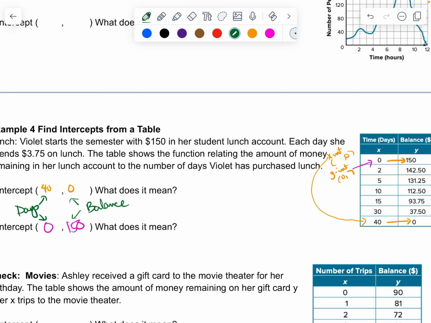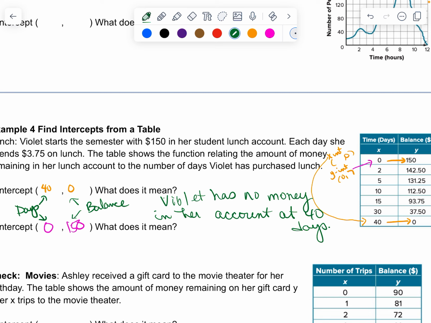So what does 40 mean? Violet has no money in her account at 40 days.